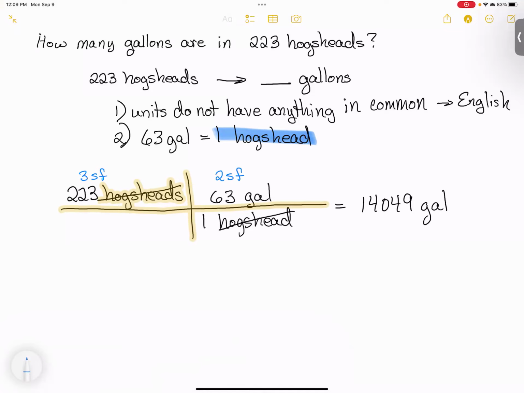And on Friday, I said anything equal to 1, that 1 would have unlimited or infinite number of significant digits. So in other words, you don't take that one into account when determining the significant figures. So since the measurement with the fewest sig figs had 2, our answer is only allowed 2 significant digits.